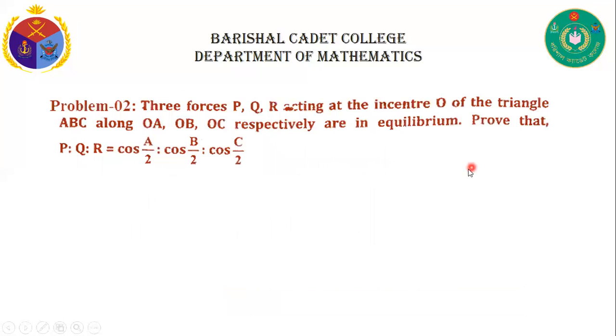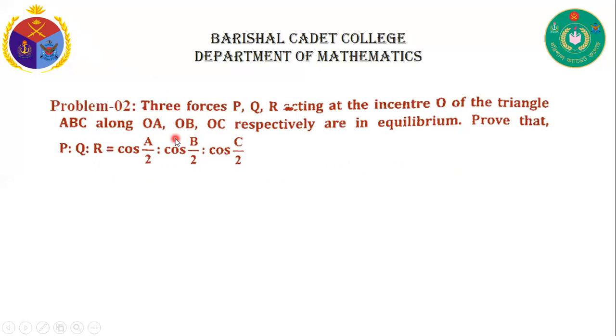Okay, next. Now problem 2: three forces P, Q, R acting at the incenter O of the triangle ABC along OA, OB, OC respectively are in equilibrium. Prove that P is to Q is to R equal to cos A by 2 is to cos B by 2 is to cos C by 2.